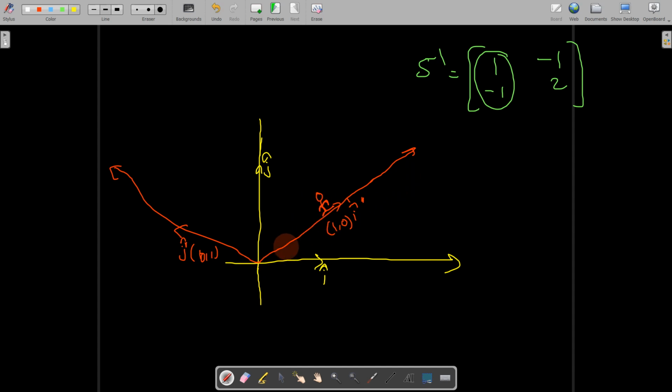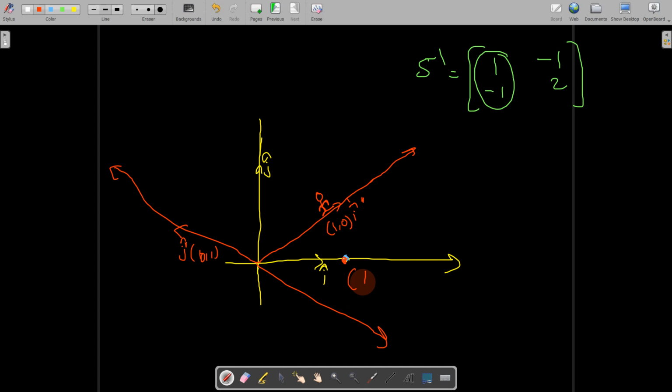To reach this yellow i cap, on the red i cap dash you have to move the scalar 1 unit, and along the j cap dash direction, which I will extend to the negative side as well, you have to move minus 1 units to reach this point.